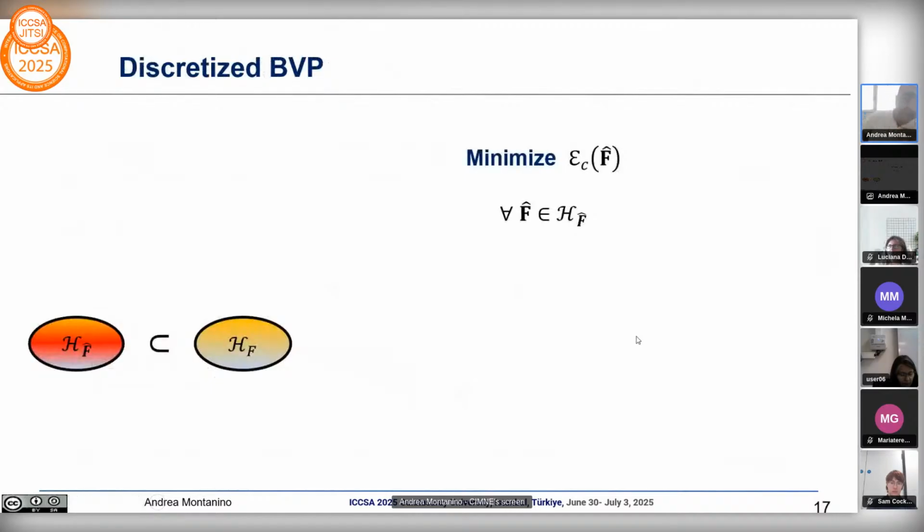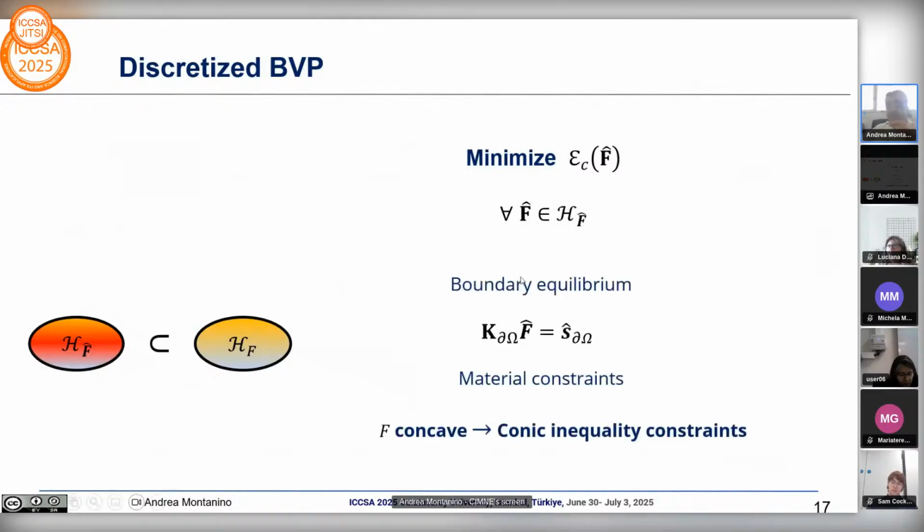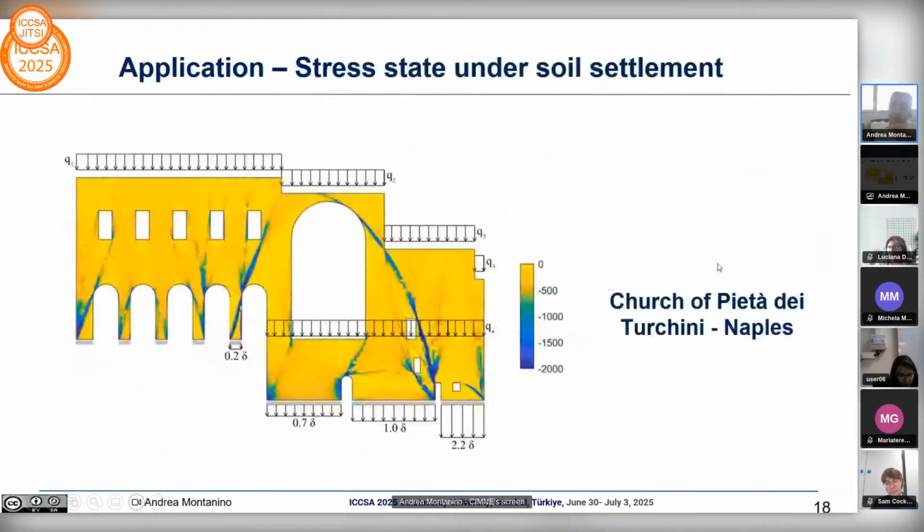Then we can discretize the boundary value problem: the boundary conditions are expressed through linear equations with respect to the nodal degrees of freedom, while the concavity of the Airy potential is expressed through conic inequality constraints.